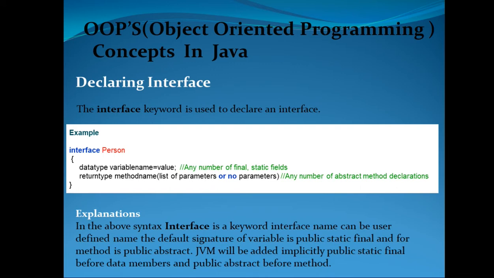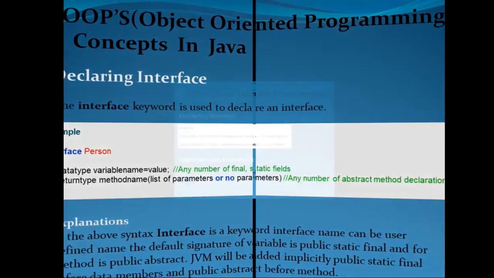In the above syntax, interface is a keyword. The interface name can be any valid name. The default signature of a variable is public static final and for a method is public abstract. The JVM implicitly adds public static final before data members and public abstract before methods.